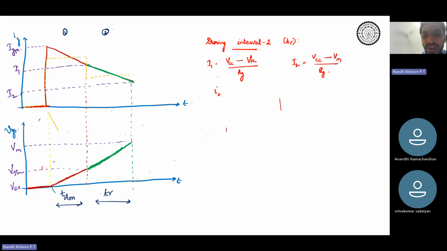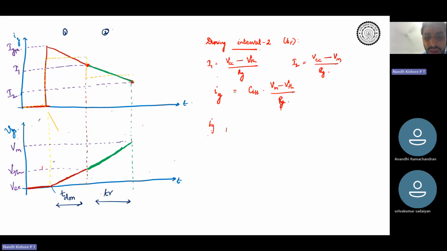And what is IG in terms of CISS? CISS into dV by dt. Voltage is changing from V threshold to V Miller. Okay. So V Miller minus V threshold divided by the time TR. Okay. So now find out the average gate current during this interval between I1 to I2.